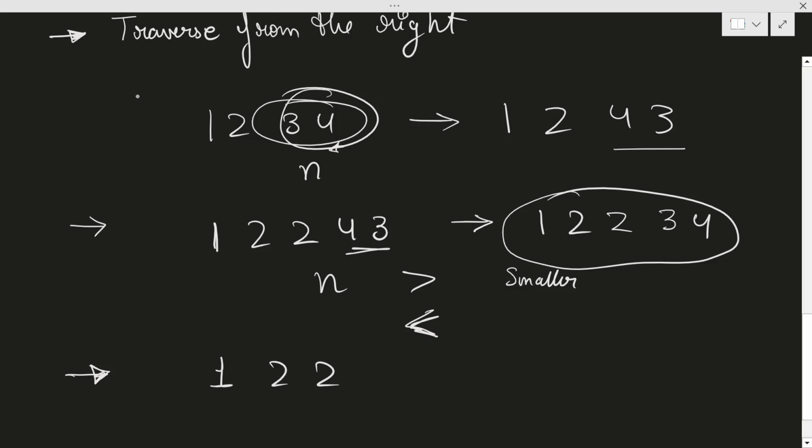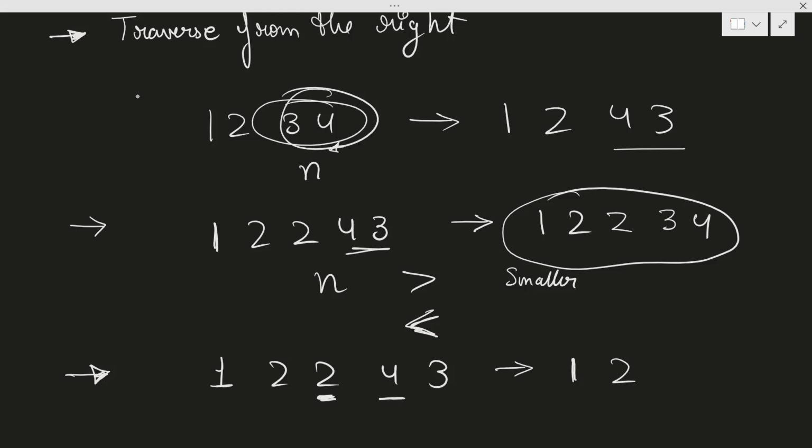So let's take this test case only. Let's see, if we swap 2, 4, and make it 4, 2, 3, is it the smallest greater number than n?